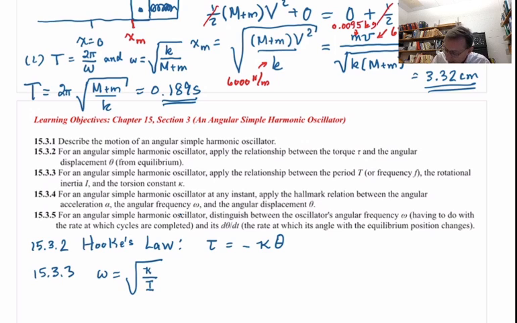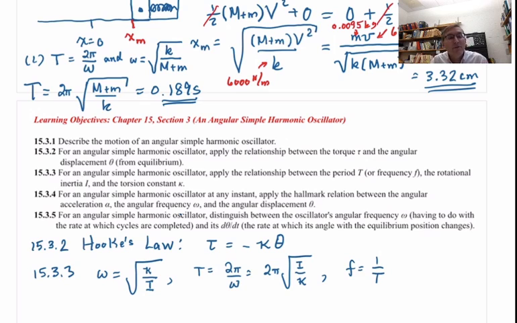Then, using the fact that period is 2 pi over omega, and substituting that expression for omega, you get a handy formula for the period of a torsional oscillator: 2 pi square root of rotational inertia over torsional constant. And then just remember that frequency f is 1 over period. So find the period and then just invert it. You've got the frequency.